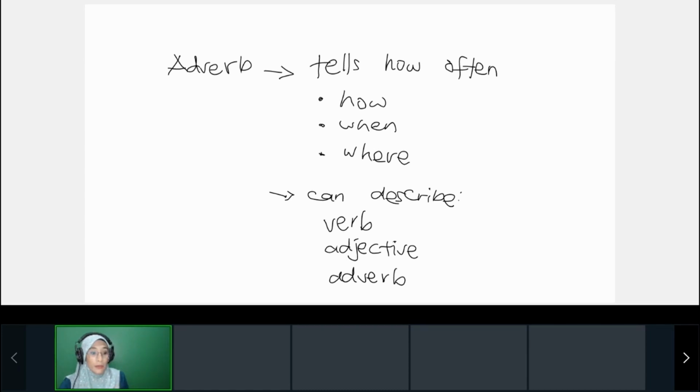If I introduce you a verb, walk, describe to me, how are you walking, or how did you walk? Did you walk slowly? Did you walk very fast?